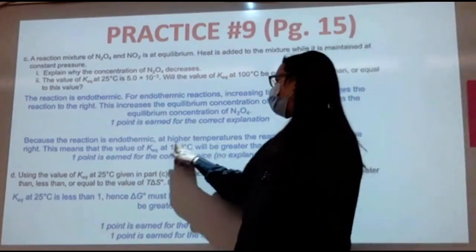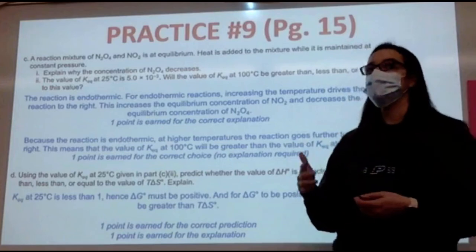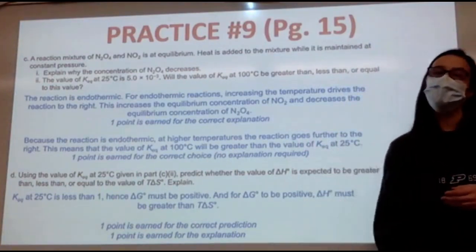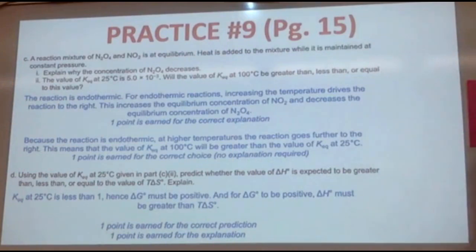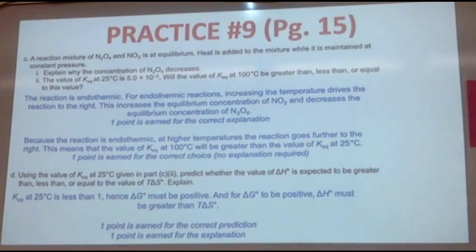It relates to the reaction being endothermic. At higher temperatures, the reaction goes further to the right. Delta G is becoming smaller, eventually more negative. As delta G gets smaller and eventually becomes negative for a spontaneous reaction, K increases. So the value of K at 100 degrees Celsius will be greater than the value of KEQ at 25 degrees.